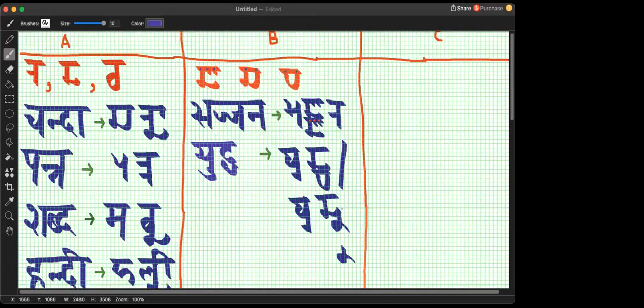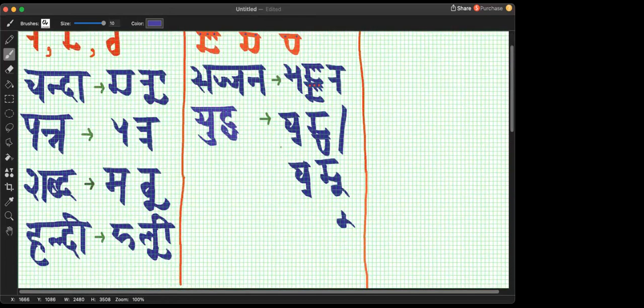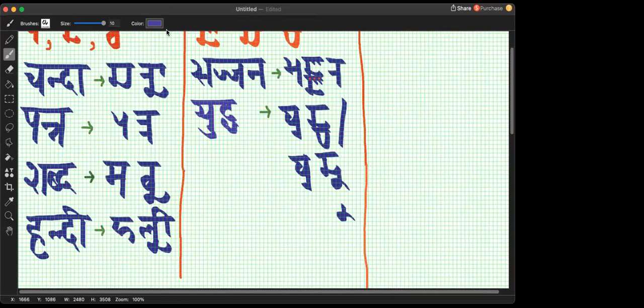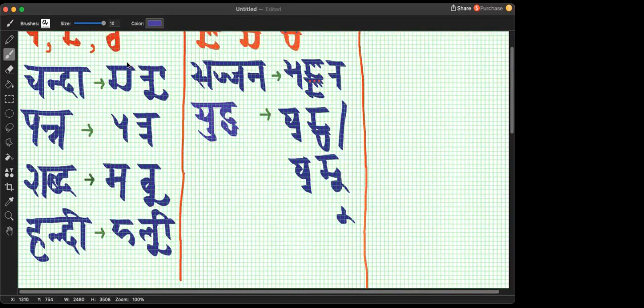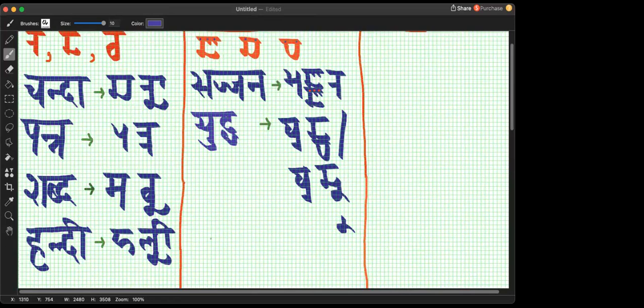So for what alphabets a special rule applies, I'll write this in some other color.